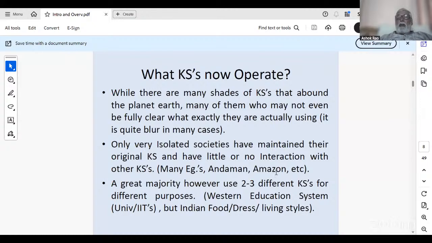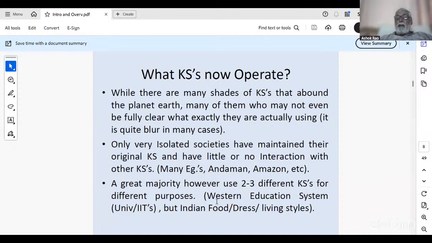What knowledge systems operate? Many knowledge systems operate. Only very isolated societies have maintained their original knowledge system and they have little or no interaction with others. You find them in the Andamans and in the Amazon and many other isolated places. A great majority, however, use 2 to 3 different knowledge systems for different purposes.